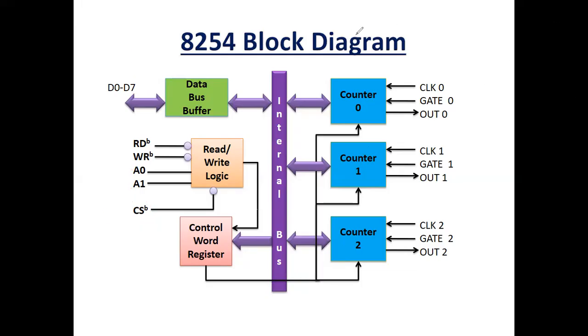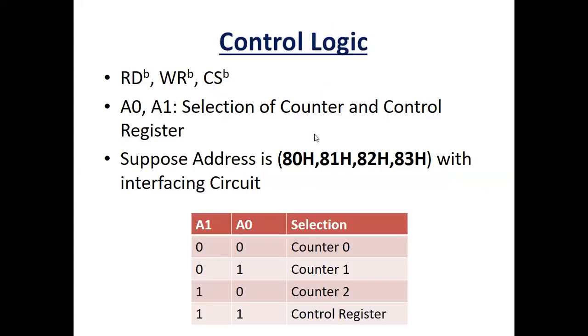So in the next slide, we will see how A0 and A1 are used for the selection of a counter. Through A1 and A0, this is 2-bit. And with these 2 bits, 4 combinations are possible: 00, 01, 10, and 11.